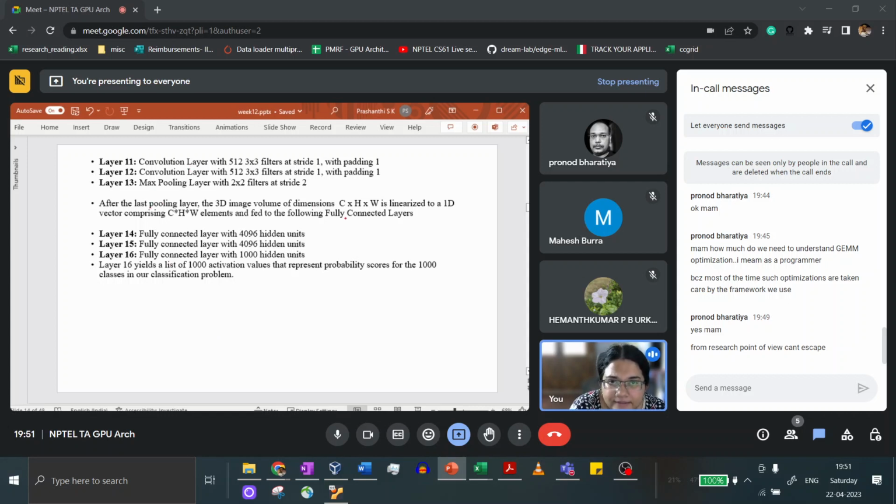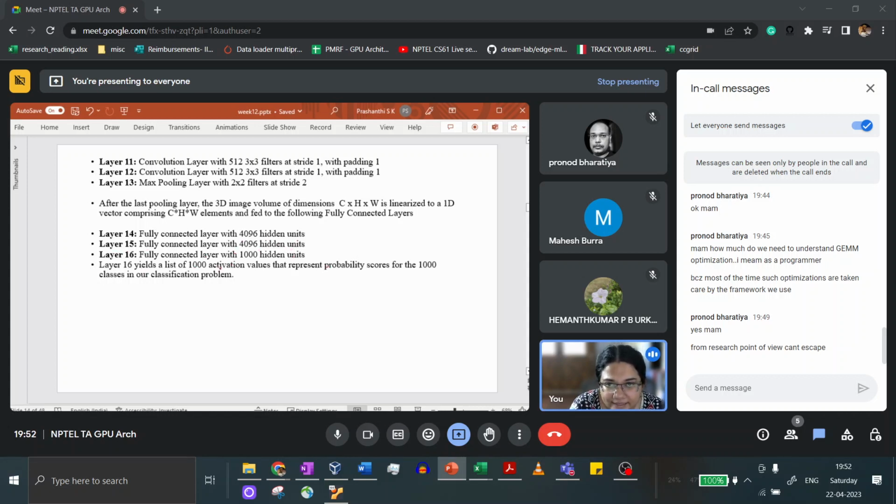And after this, the 3D image volume of dimensions CHW is linearized to a 1D vector comprising C cross H cross W elements and fed to the following fully connected layers. 14, fully connected layer with 4096 hidden units. 15, 4096 again, and 16, 1000 hidden units.